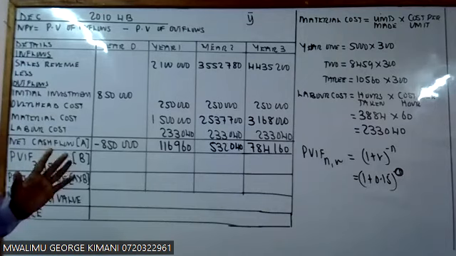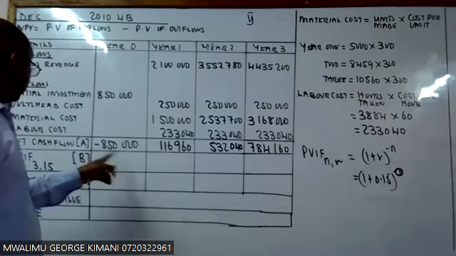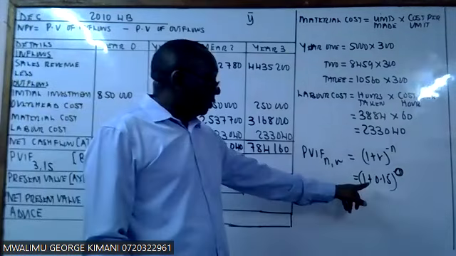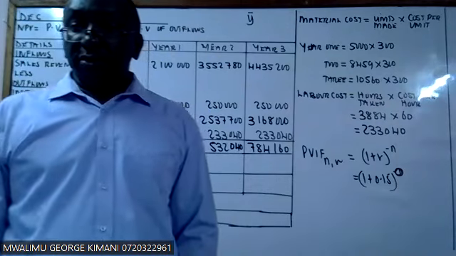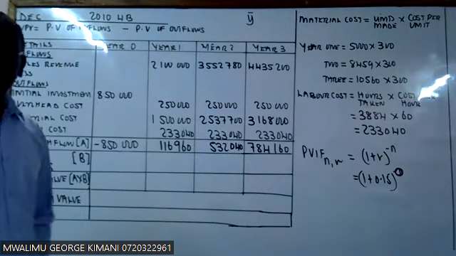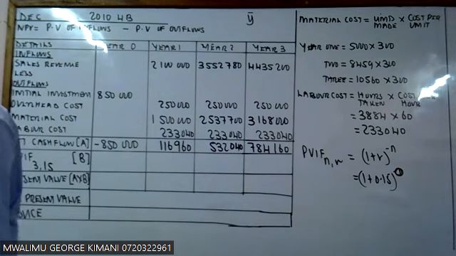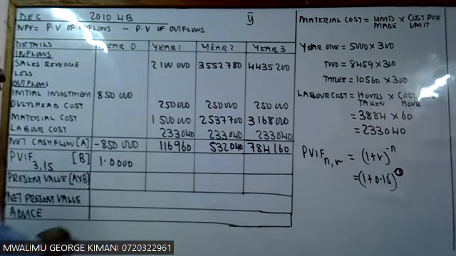So I hope now we all agreed. If we agreed that those net cash flows are okay, now proceed and tell me this value. 1 plus 0.15 raised to power 0 is equal to what? It's equal to 1. Good. So that is the factor.